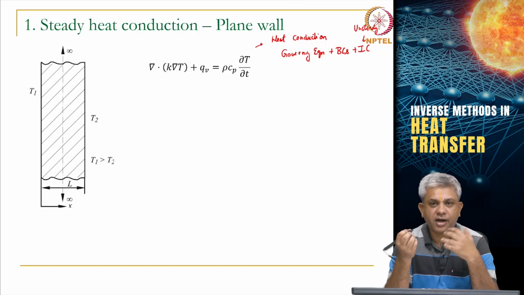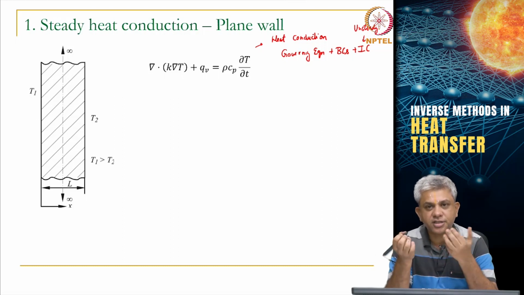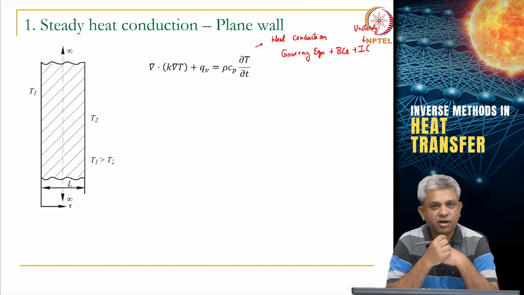Solving for that, applying the boundary conditions, applying the initial conditions, and getting the full solution is the general process. Again, you will be familiar with this not only from heat transfer but other courses also.